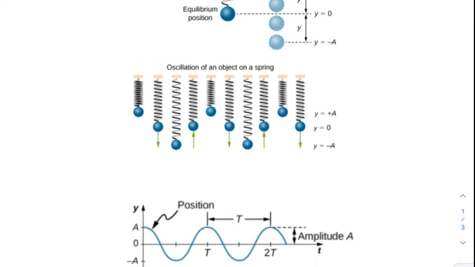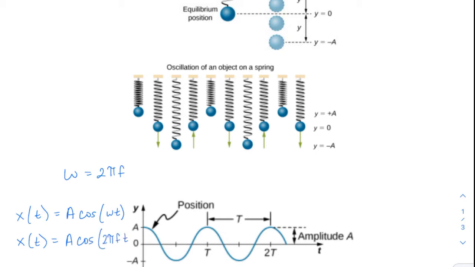So remember, for our position, our x(t) function is equal to A cosine of omega t, but remember that we can use this relationship that omega is just 2 pi times the frequency, and so our equation becomes x(t) is equal to A cosine 2 pi f times t.